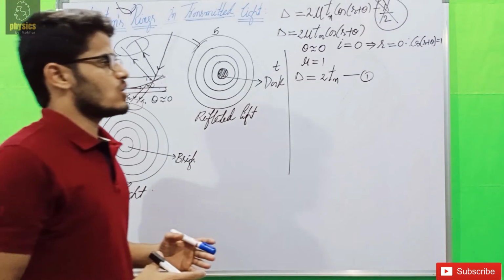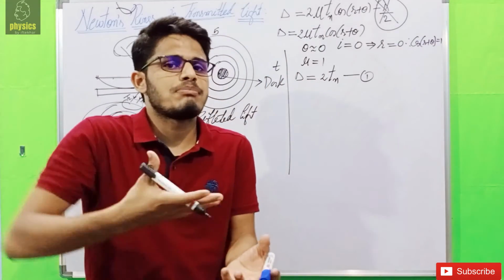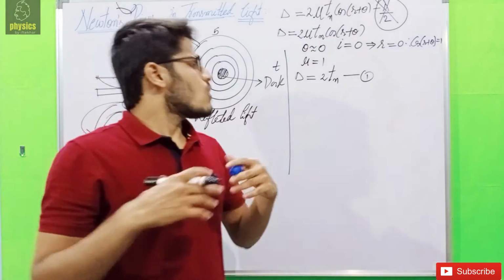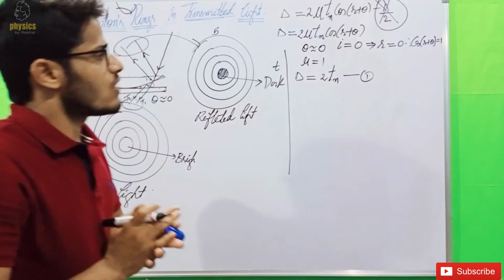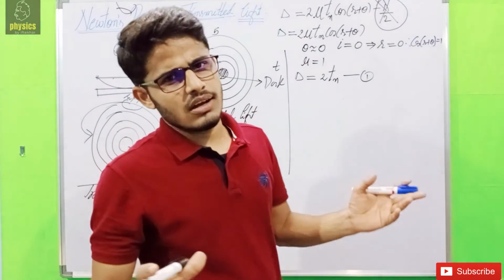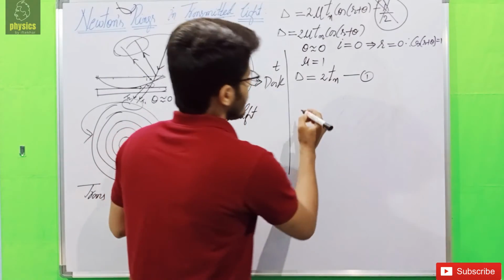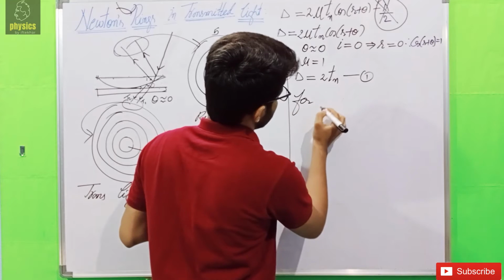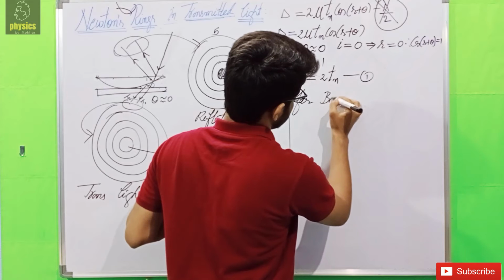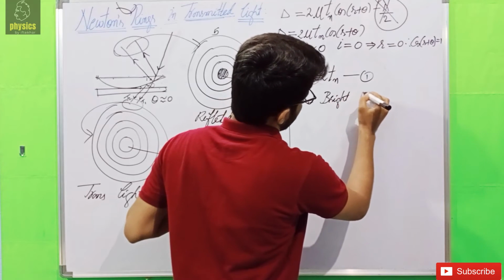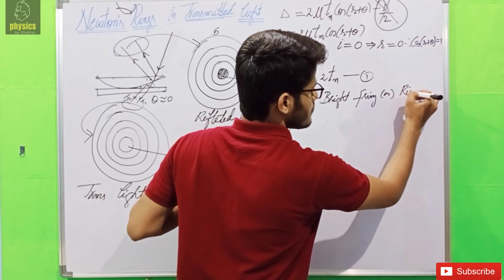Now I want to find out at what particular thickness I will get the constructive ring or the bright Newton ring, and at what particular thickness I will get a dark Newton's ring. For that, same thing: take the general condition of getting a bright fringe. What is the general condition for getting a bright fringe or ring?